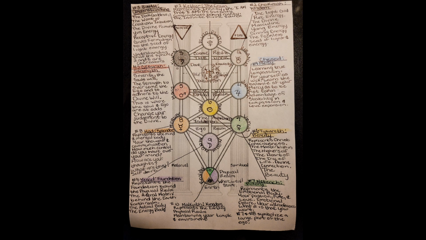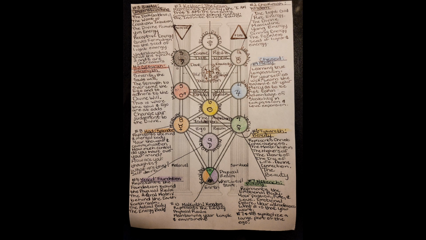Now moving on from sphere 9, we have sphere 8, which is colored orange, and this sphere represents the planet Mercury. This sphere's name is Hod, which is translated to splendor. This sphere represents the mind and mental body, your thought and communication, not just with other people, but with yourself. How much control do you have over your mind?